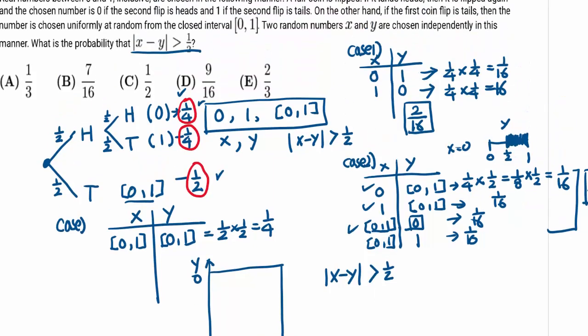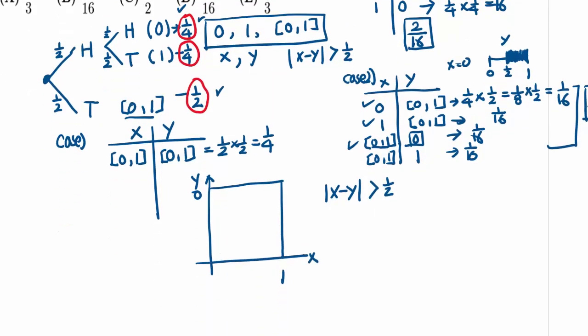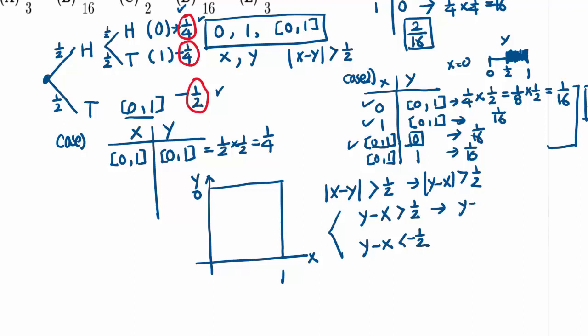Or y minus x greater than 1/2, same thing. So it looks like this: y minus x greater than 1/2, or y minus x less than negative 1/2. That's the solution.